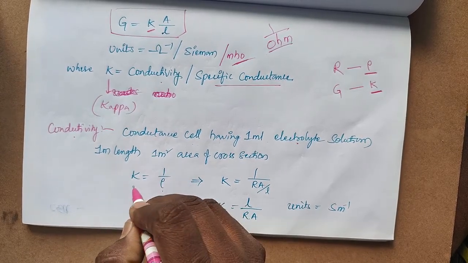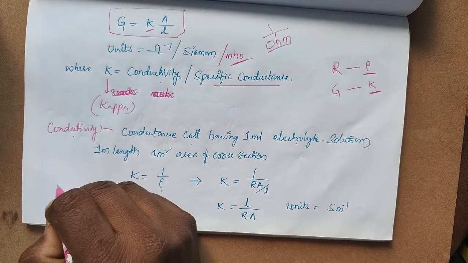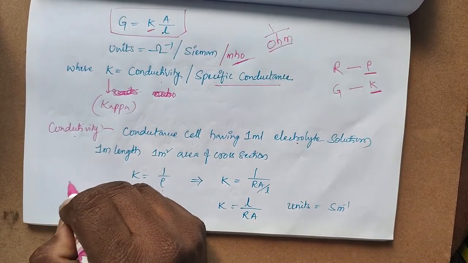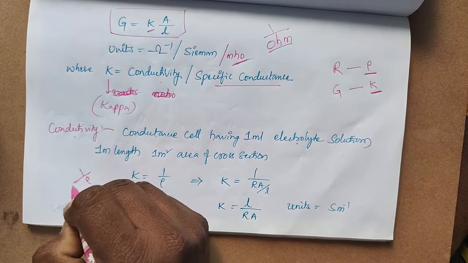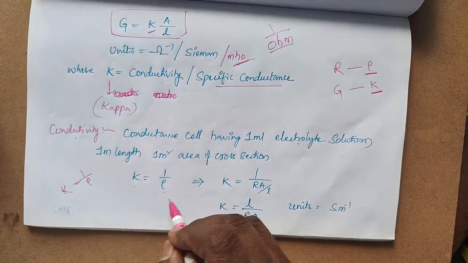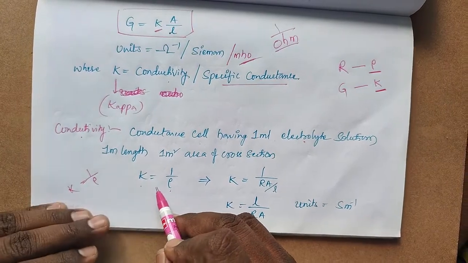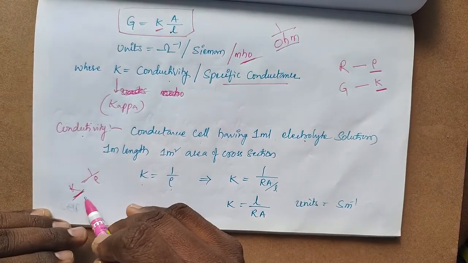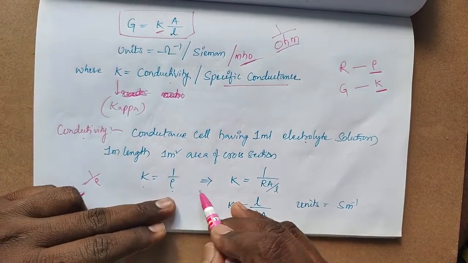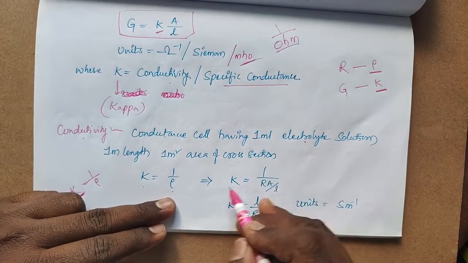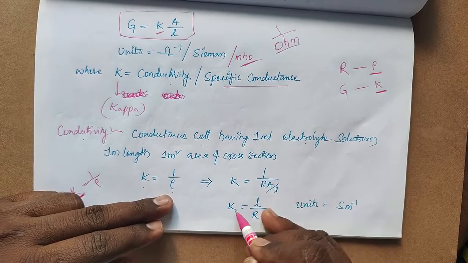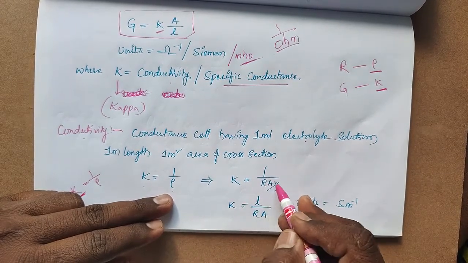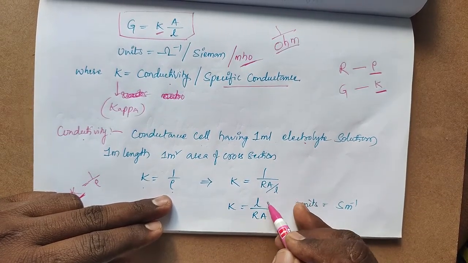K is the conductivity, and the inverse of resistivity is conductivity. So K equal to 1 by R A by L, taking rho equal to R into A by L.